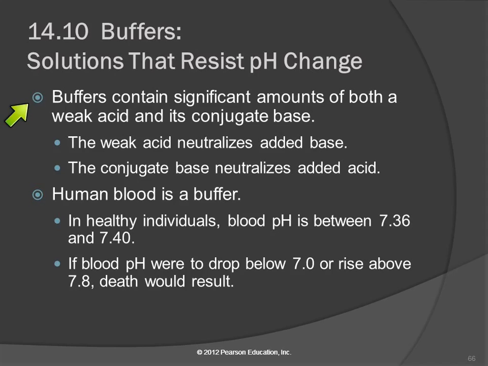Well, buffers work because they have significant amounts of a weak acid and its conjugate base. So let's just do a generic weak acid. So HA, and if we add that to water, this will be in equilibrium because a weak acid does not dissociate completely.